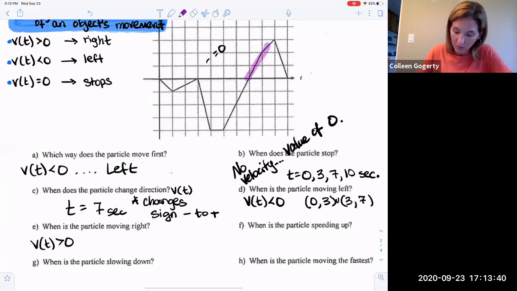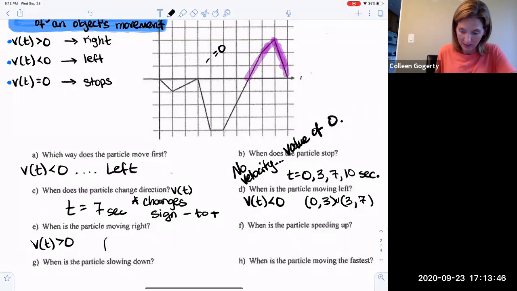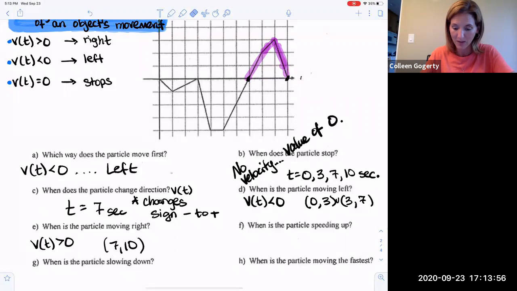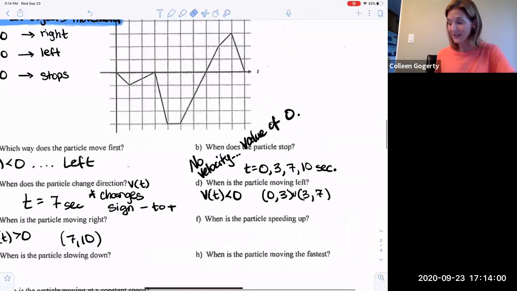Any of these are positive outputs, so our answer would be 7 to 10. Do not include 7 and 10, because at 7 and at 10, we have outputs of 0. All right, so far so good. Let's keep on going. When is the particle speeding up? Ooh, look at that.